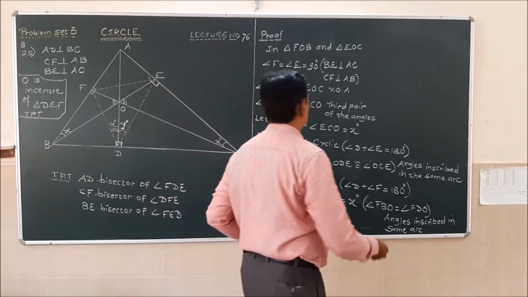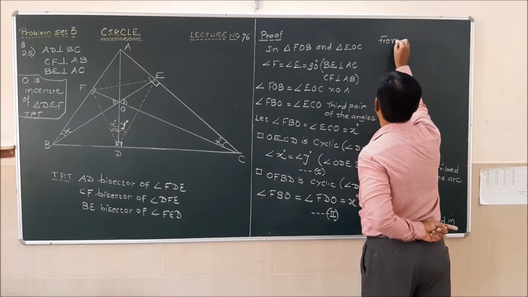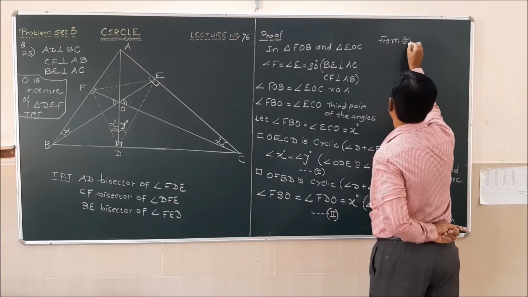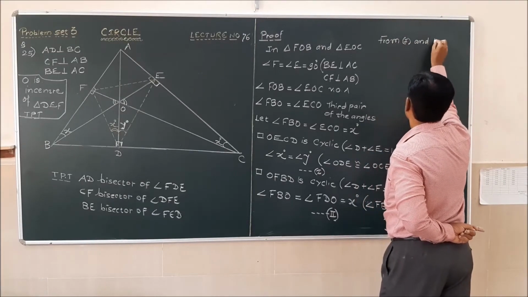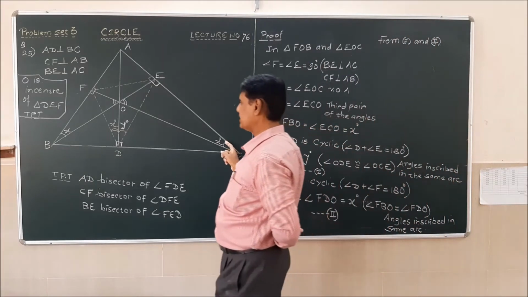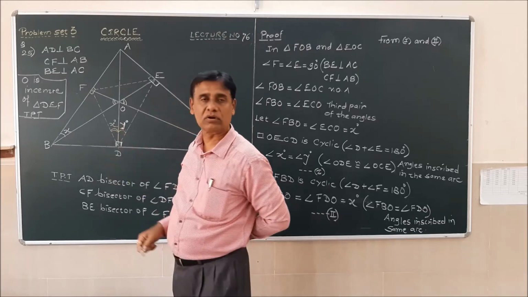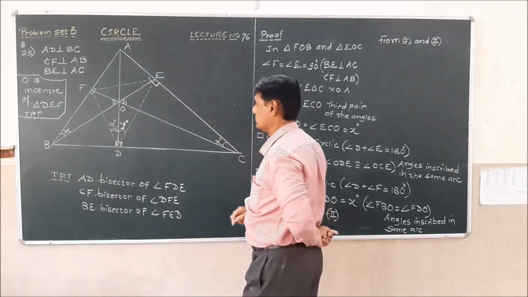From 1 and 2, we have already proved this X is congruent with Y. Now we got this X is also congruent with 1. Very important reason we got.